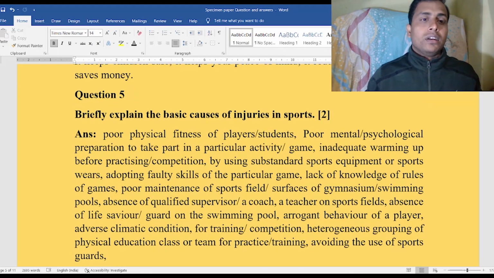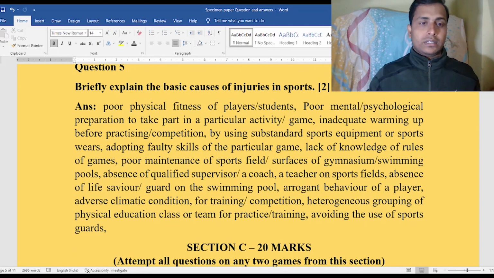Question number 5. Briefly explain the basic causes of injuries in sports.